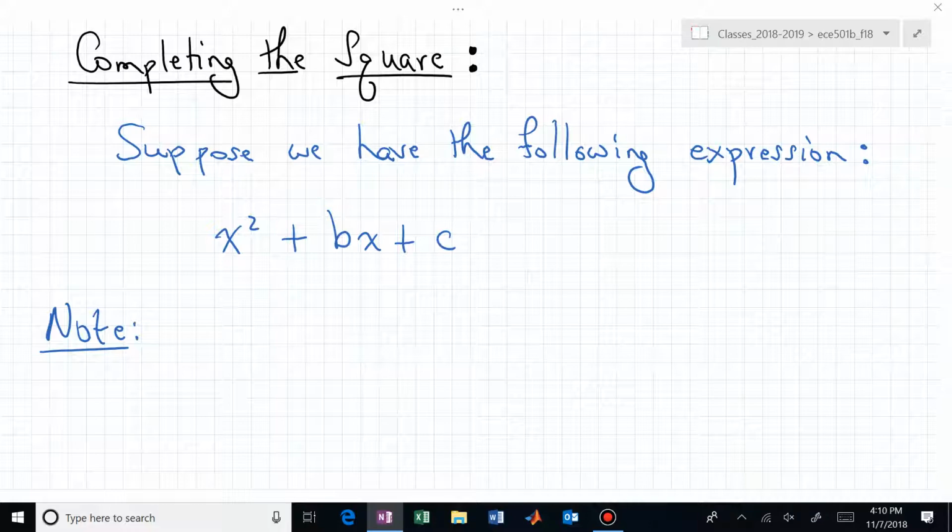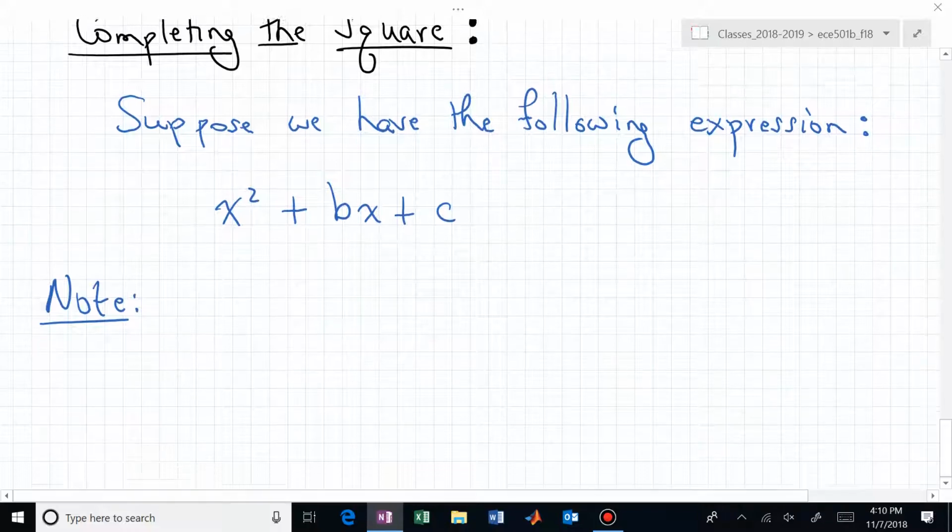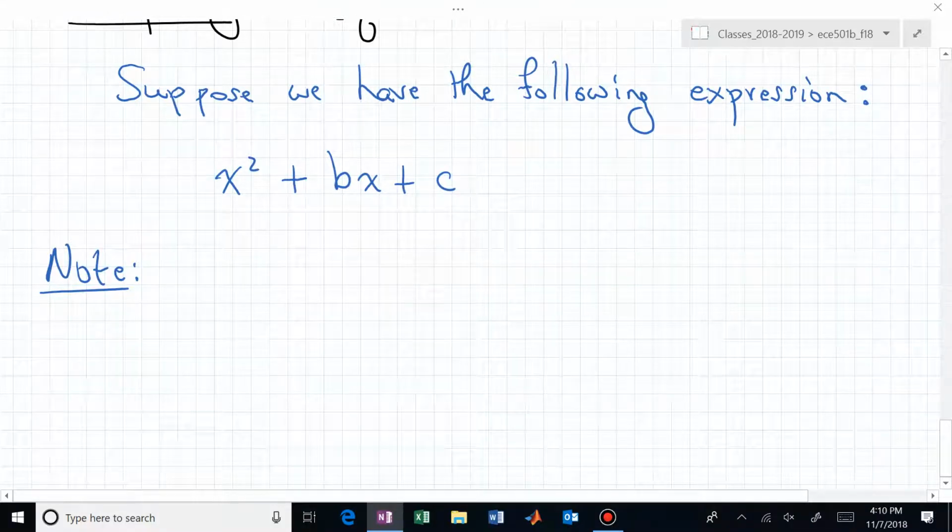We know that it's going up at the extremes. But what's it doing in between? Is it actually going through 0? We want to bound it above 0, which means that we don't want real roots in this quadratic. So when we start completing the square, here's our note.